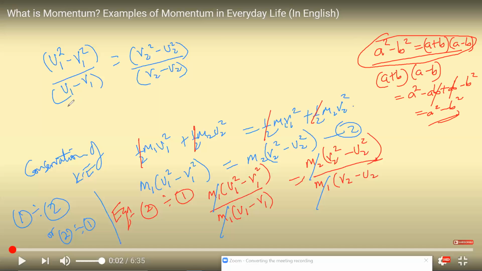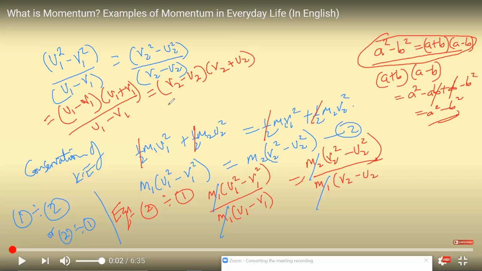Meaning, therefore, that the numerator is u1 minus v1 into u1 plus v1, out of u1 minus v1, which is the same as v2 minus u2 into brackets v2 plus u2, everything out of v2 minus u2. And from here you can see that one of them cancels out. This one here cancels out.